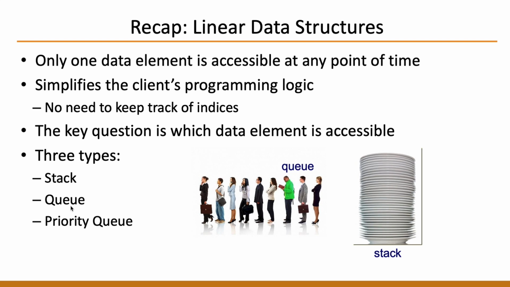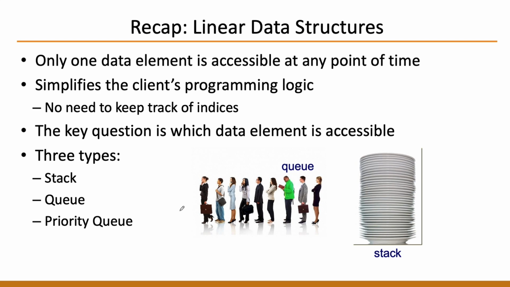And for the queue, we modify the rule a little bit, right? So when you insert the data, it's going to be at the tail of the queue, just like a real queue, right? And when you remove the data or retrieve the information, it's going to be at the head of the queue, right? So this basically gives you a special property of first in, first out.